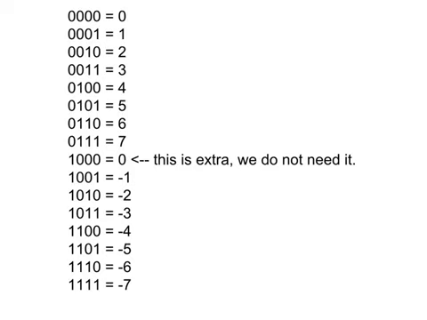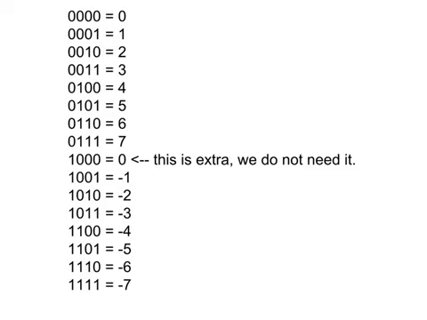If you remember from the lesson on the sign bit, we had a curious situation. We had a positive 0 and a negative 0. This is not very efficient since we are wasting a value, since we only need to represent 0 in one way. So this is the table that I showed you in that lesson, where we start at 0 and we count to 7, and then we do it again with negative numbers, again starting at 0 and counting to negative 7.